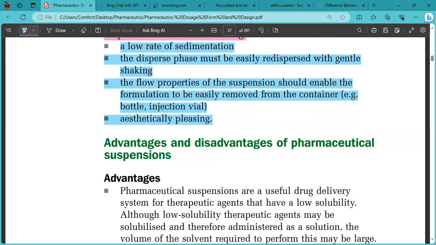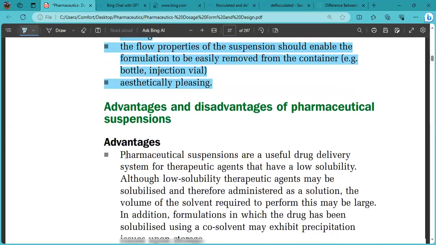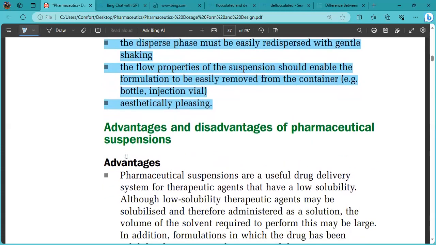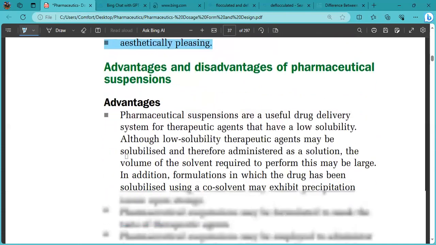And then it should be aesthetically pleasing, because if it looks funny or doesn't look as it was advertised, the patient or whoever is administering may suspect that the drug has gone bad or wasn't well made, when meanwhile it just doesn't look nice, but it still works effectively.